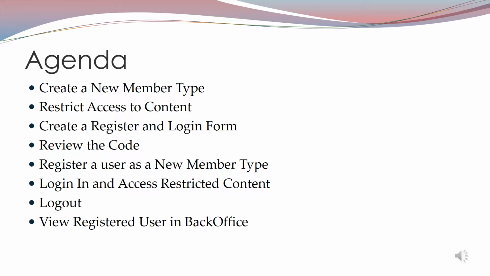We'll take a look at the code, how that's done. We'll then register an actual user as the new member type, and we'll log in and access the restricted content. And then for completeness, we'll log out and we'll view the registered user in the back office.